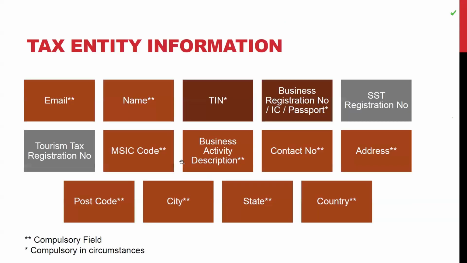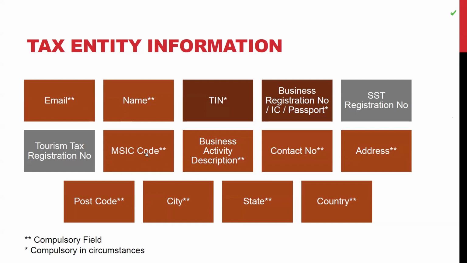The next thing is tax entity maintenance. This one is our debtor, creditor, even the landlord, all these things. So coming to here, these are the fields and the information that we need. We start with the compulsory fields required by AutoCount, so you need to fill up.